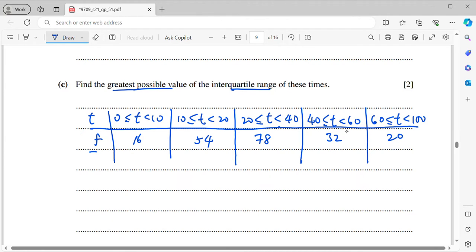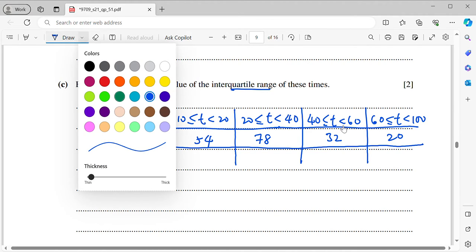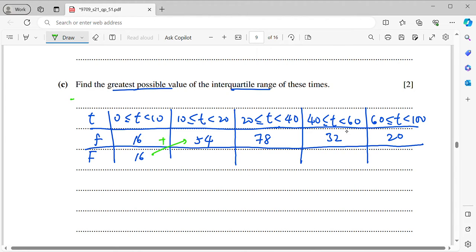Then now I need to get the capital F, which is the cumulative frequency. The cumulative frequency is counted by adding the previous total and the existing f. So this is 16. Then this 16 you plus with 54, and that is my next capital F. That will be 70.